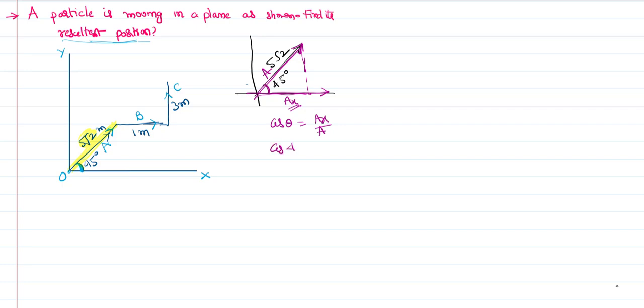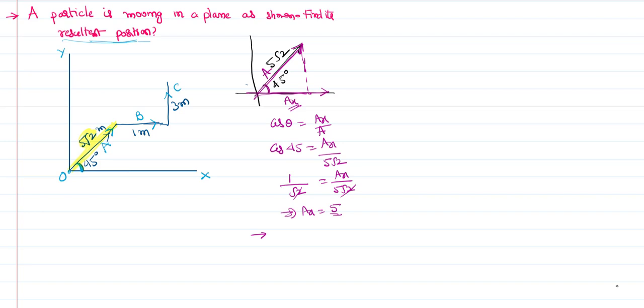Cos theta is given to you as cos 45, and a is given as 5 root 2. We know that cos 45 is 1 by root 2, so 1 by root 2 is ax by 5 root 2. The root 2 cancels, and you get ax equal to 5. So the component of that vector along the x-axis is 5.